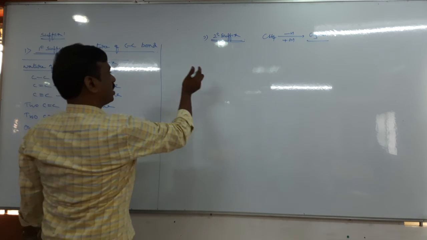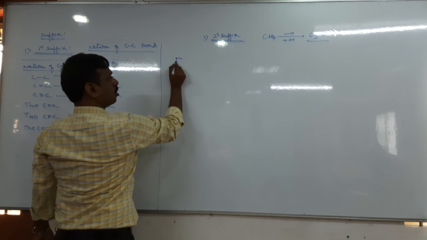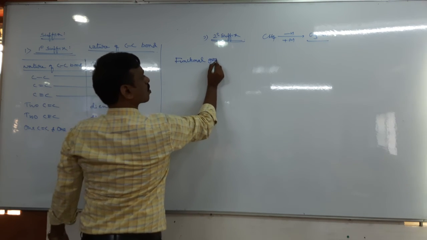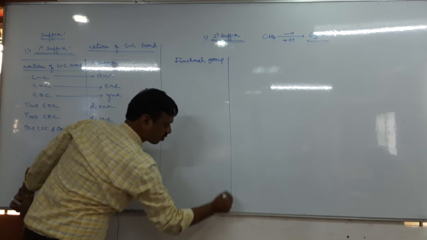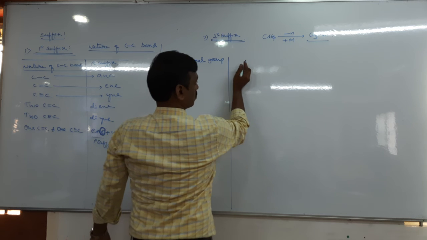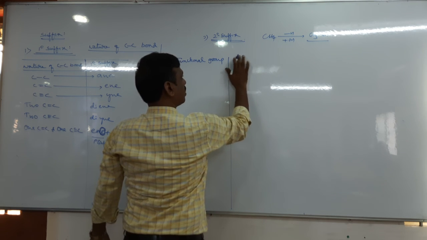Take functional group in the first column, and in the second column, the secondary suffix.